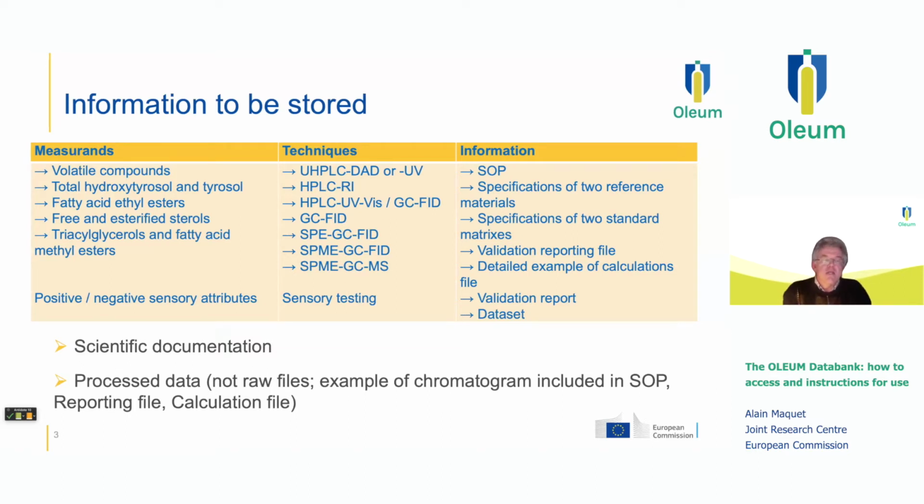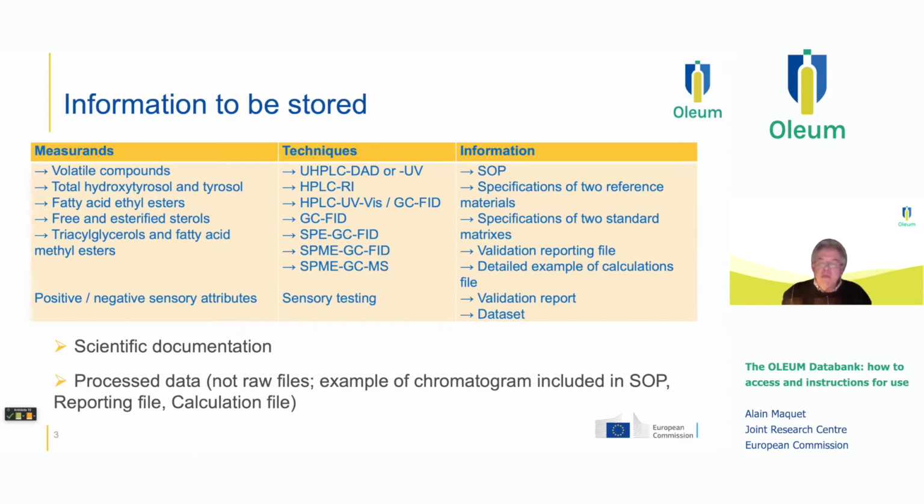You can see that there are several measurements that are concerned, analyzed by several techniques. We are also storing some information documents in a repository, such as the standard operating procedure, etc.